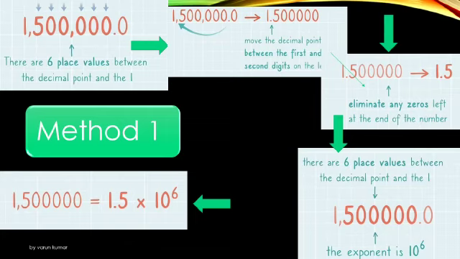Now we move the decimal to get 1.500000. After that, we eliminate any zeros left at the end, and we write 1.5. There are 6 place values between the decimal point and the 1, so the exponent is 10 to the power 6. That gives the result 1.5 into 10 to the power 6.